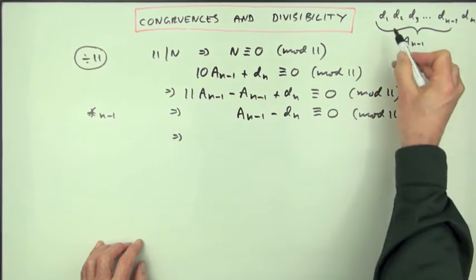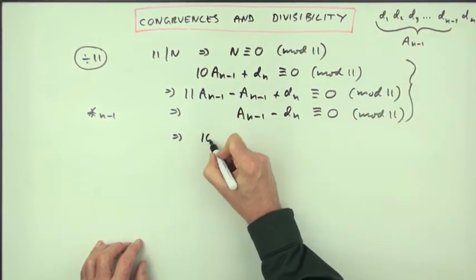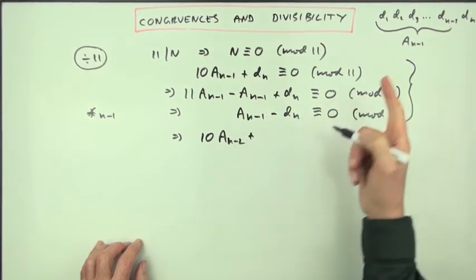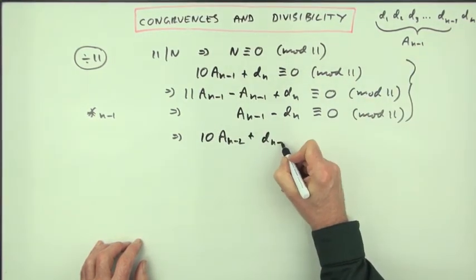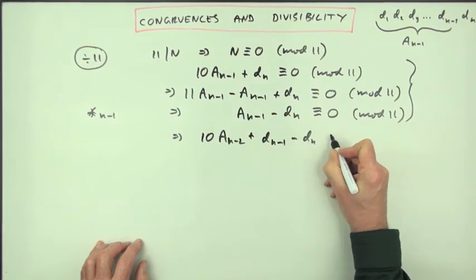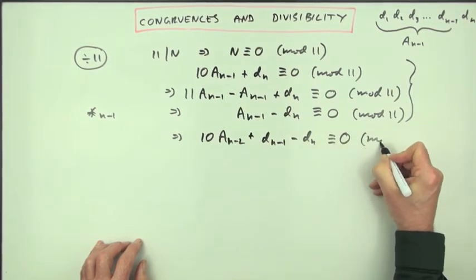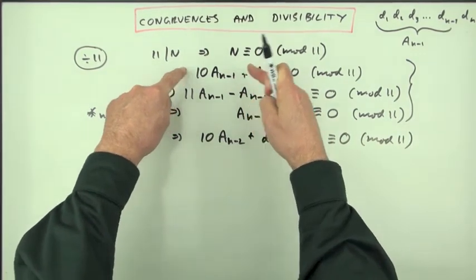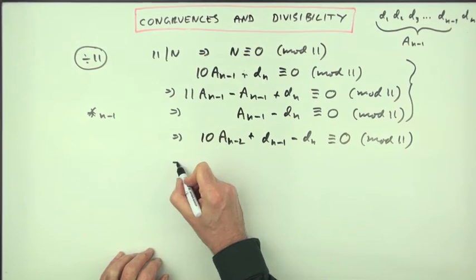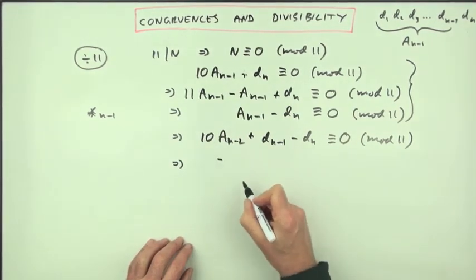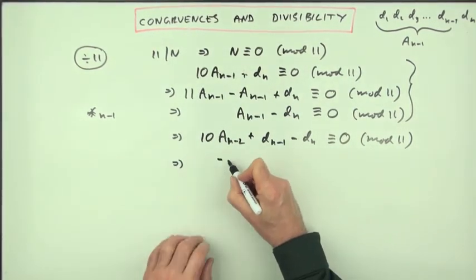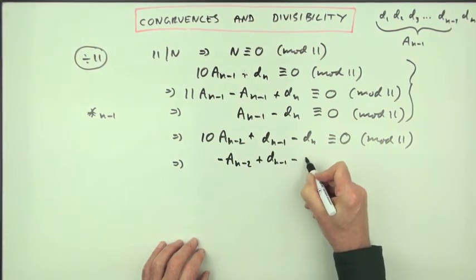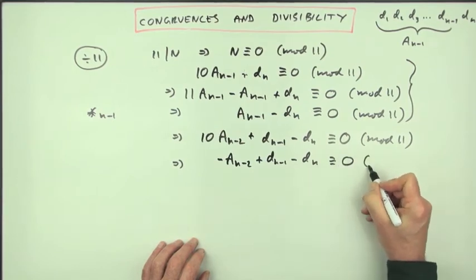So I can split that, taking that group there in one step, I would have to have 10 of the previous block, that's the a_{n-2}, and that would isolate the digit: d_{n-1} - d_n has to be congruent to 0. And the same way, split into this and into that, I'd have 11 of them minus 1 of them, so I'll put that in: a_{n-2} + d_{n-1} - d_n should be congruent to 0.